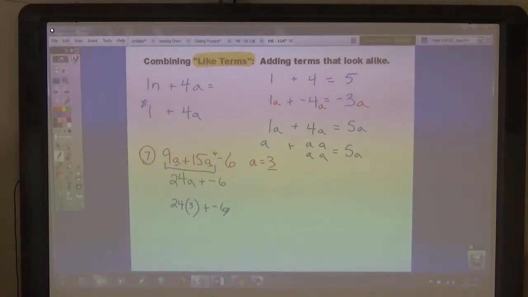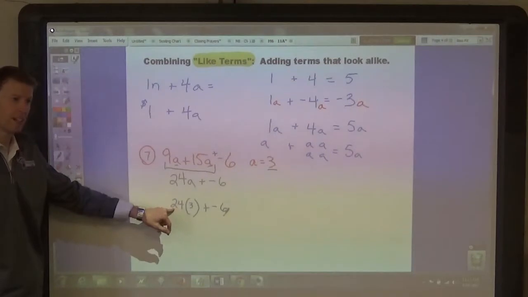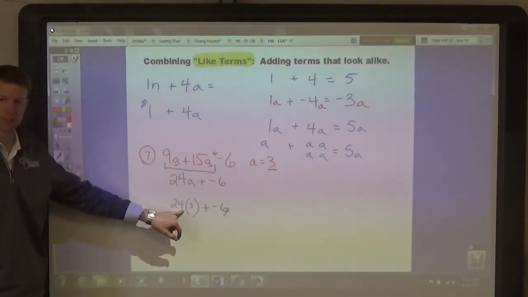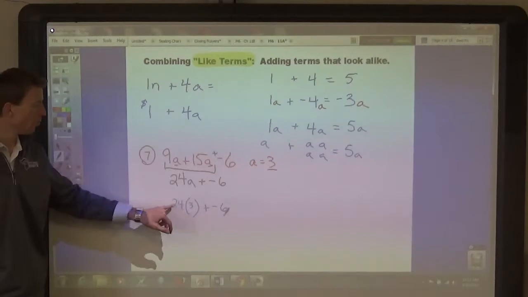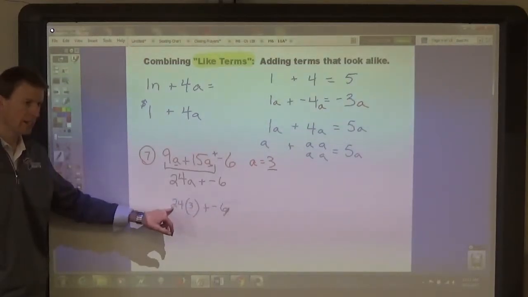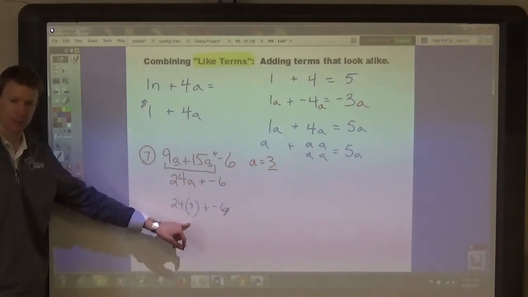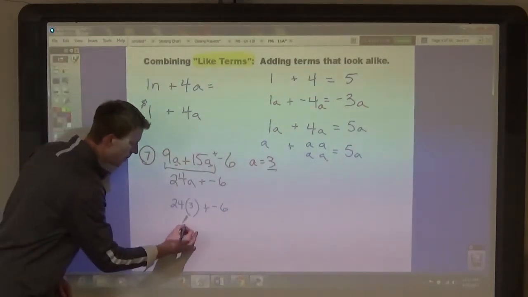What's 24 times 3? 72, yep. 3 times 20 is 60, and 3 times 4 is 12. 60 plus 12 is 72.